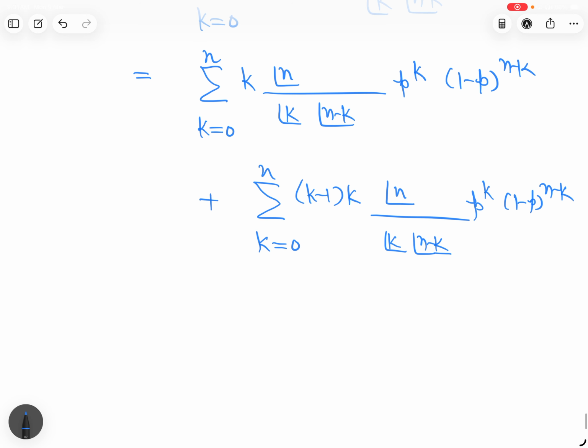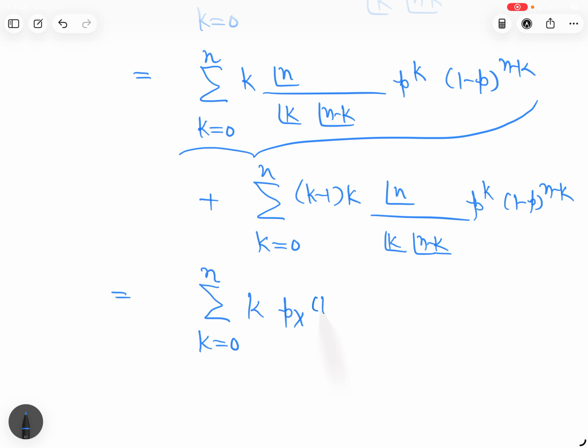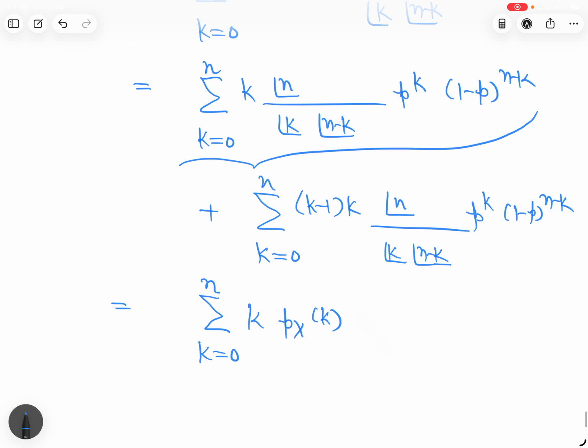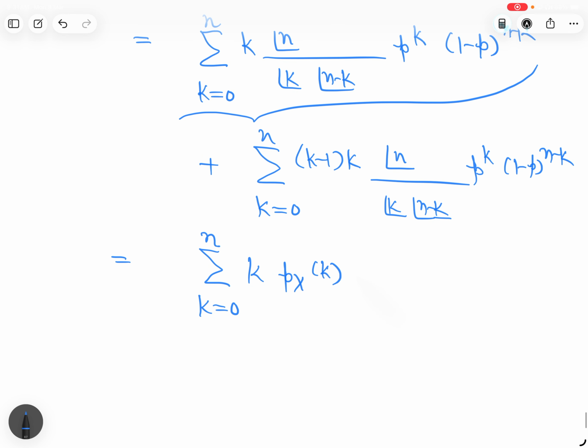Now, can you tell me what this is? The first part, how can I write it? Summation k goes to n, k into p of x.